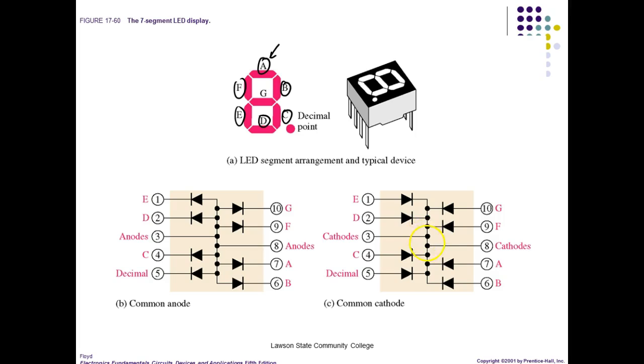So this is the one that we got right here. So normally what I would do is I would come over here and I would take like pin 8 and then I would hook it up. And then what we would do is we'd put a resistor in each leg.